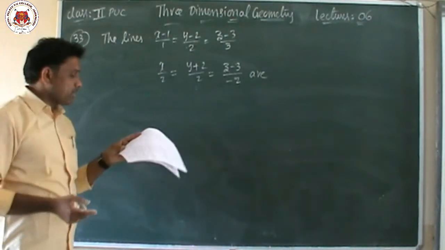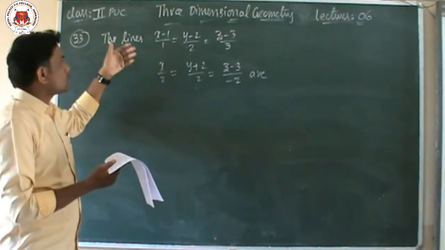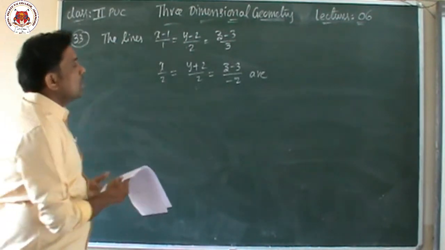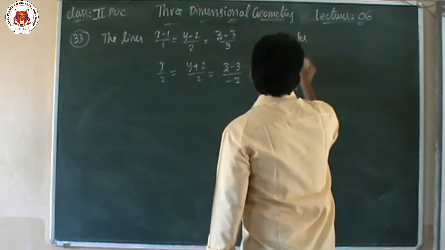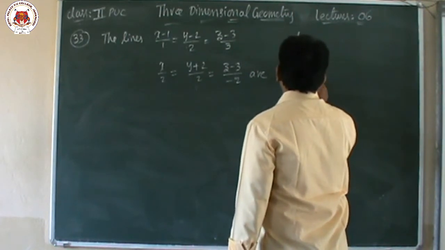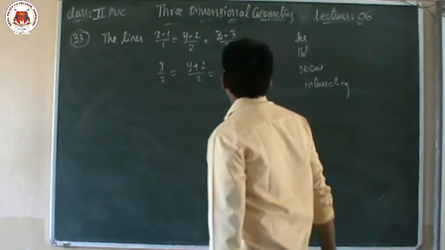The options are: perpendicular, parallel, skew lines, and intersecting lines. So there he has given 4 options in total.